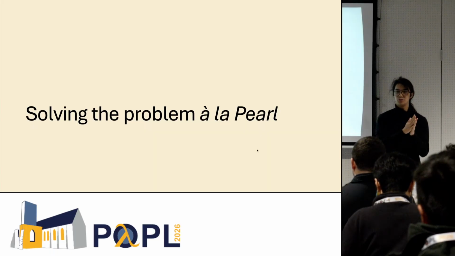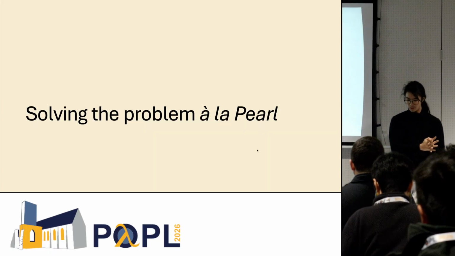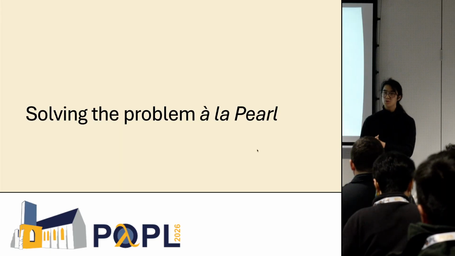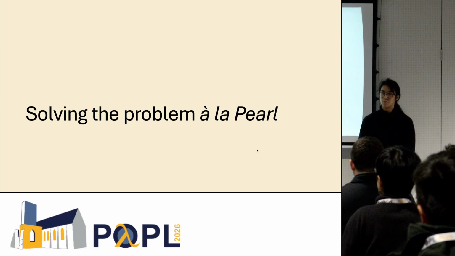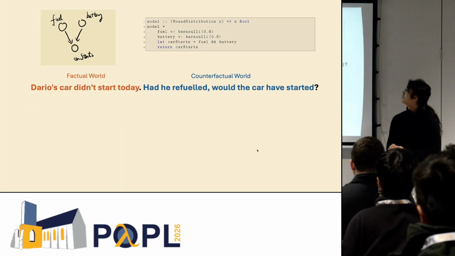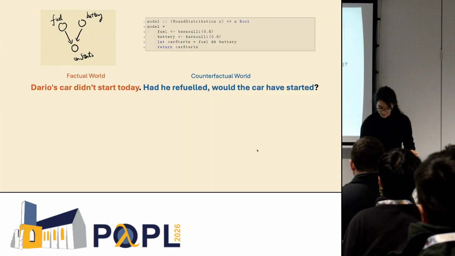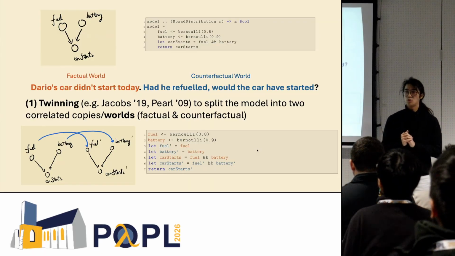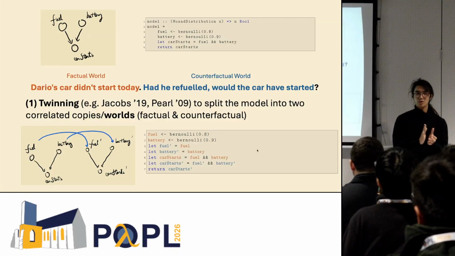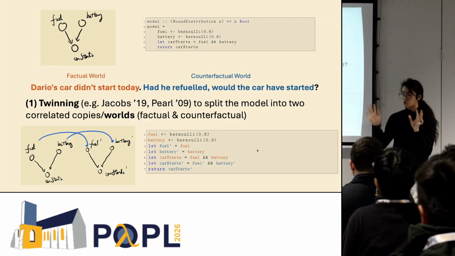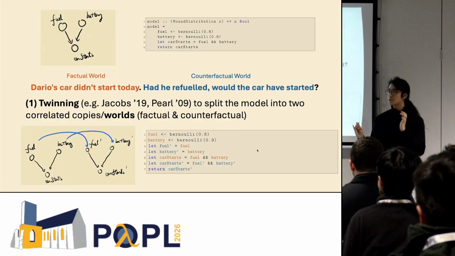And the idea is to transform the original model that we have into another one, such that if you do inference on it, it will produce the answer to the causal query we're after. So we would be reducing the causal query into a probabilistic one. And so if we start with our original program at the top here, the first step we'd do would be twinning. So this is a program transformation, or naturally presented as a program transformation, perhaps.